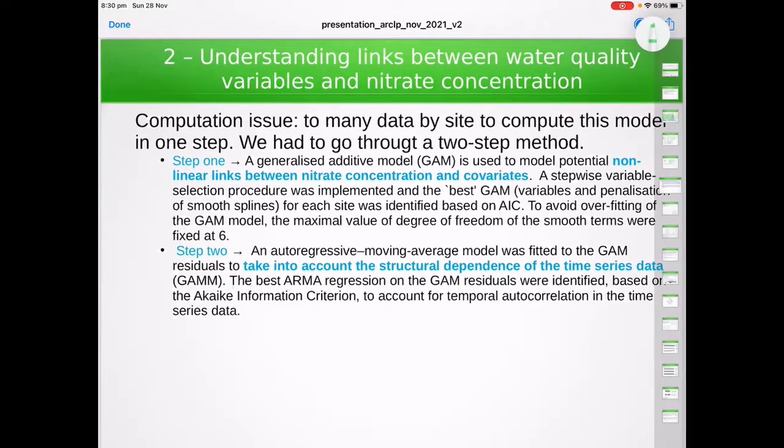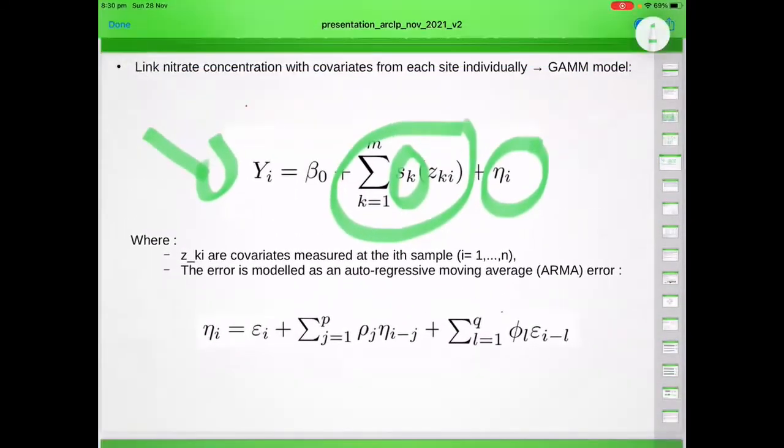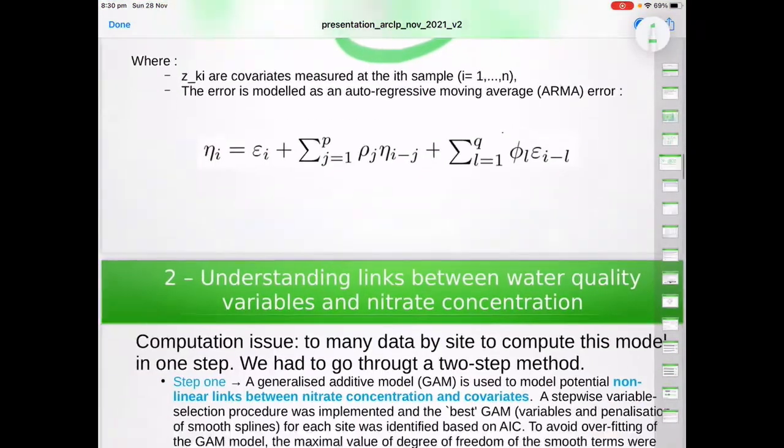We model this with an ARMA model, and the best ARMA regression model is chosen using the Akaike information criterion. So this is the two-step approach to be able to get this model performed for each site.